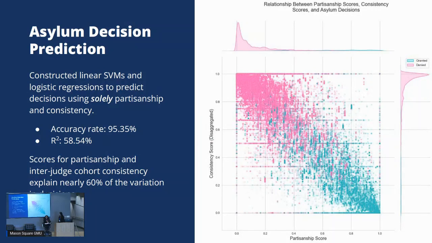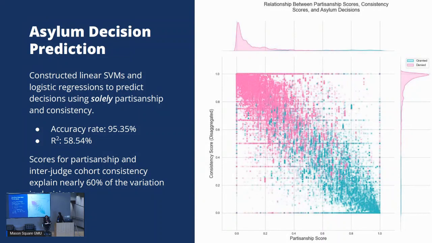On the right, you can see asylum decisions plotted along these two variables, with pink representing denials and blue representing grants.